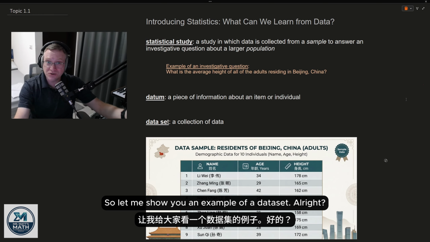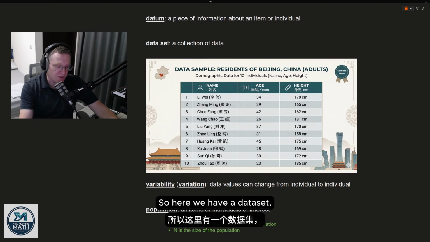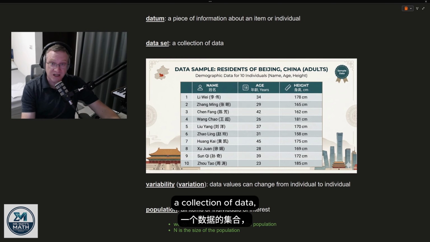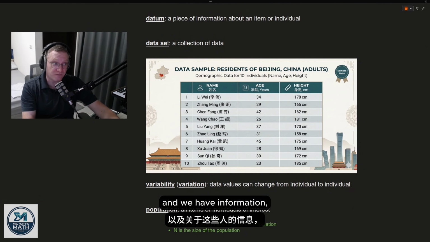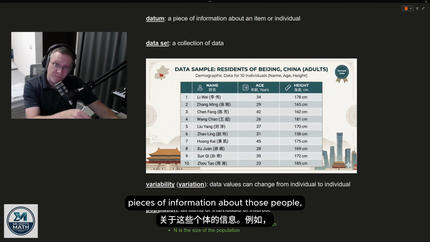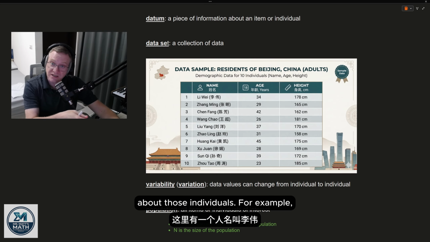So let me show you an example of a data set. All right, so here we have a data set, a collection of data. And in this data set, we have individuals and we have pieces of information about those individuals.